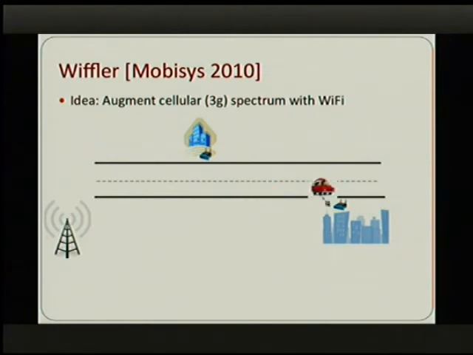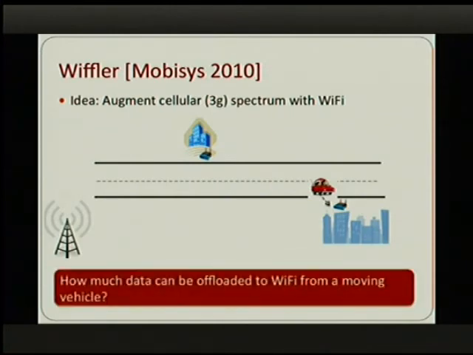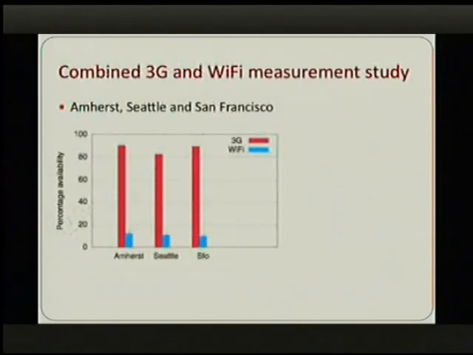So this is the basic idea, and of course the question, even before you design a protocol that will do this, is how much data can you possibly offload to an open Wi-Fi access point? I mean, does it even make sense to do this? So to answer this question, we conducted a combined 3G Wi-Fi measurement study in 3 different cities, in Amherst, Seattle, and San Francisco.